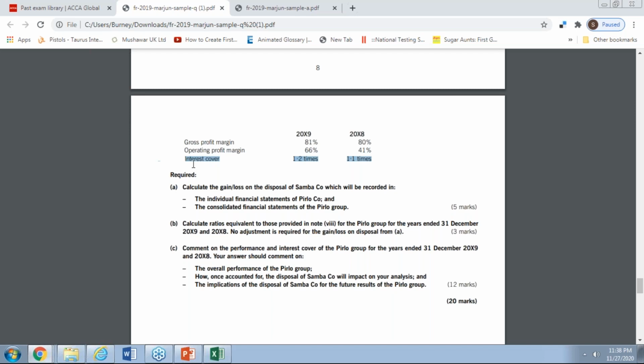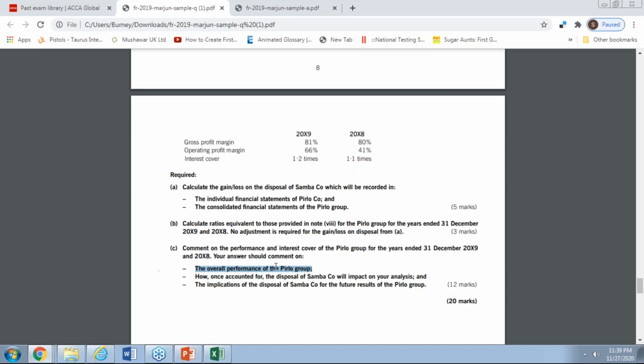So this is called a consolidation analysis question, in which the examiner will give you a question from the group. This is Perlo Group, and you are required to solve the question.